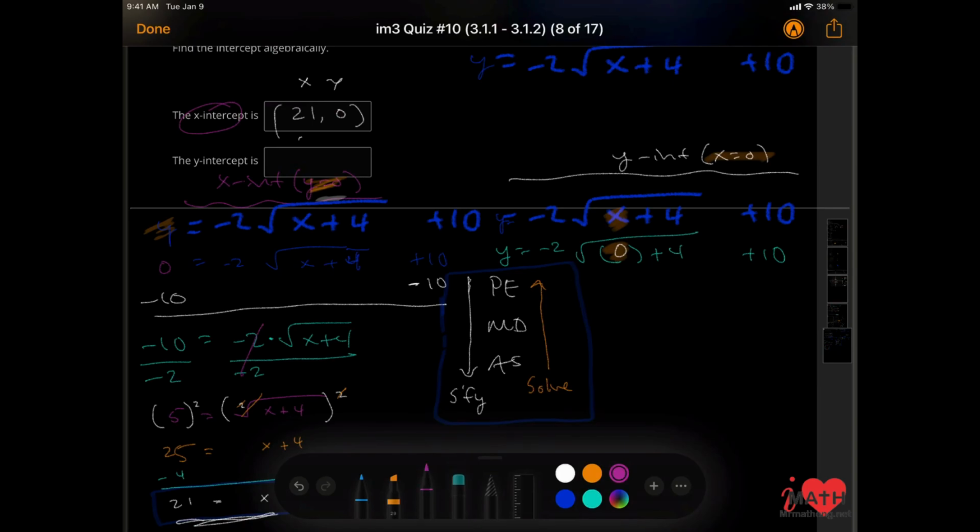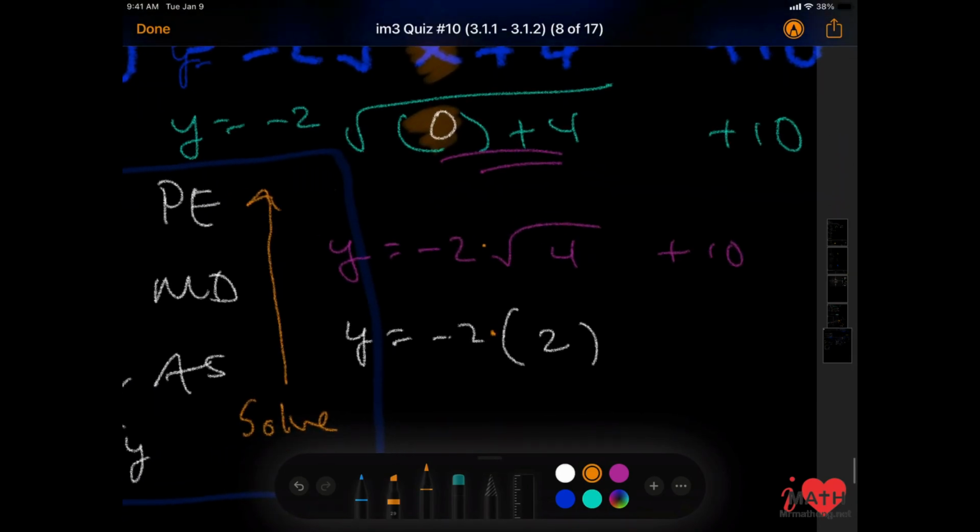So I can do 0 plus 4 inside, and that would give me y equals negative 2 square root of 4, plus 10. The square root of 4 is 2. Now pay attention. The relationship here is multiplication. And then I have plus 10.